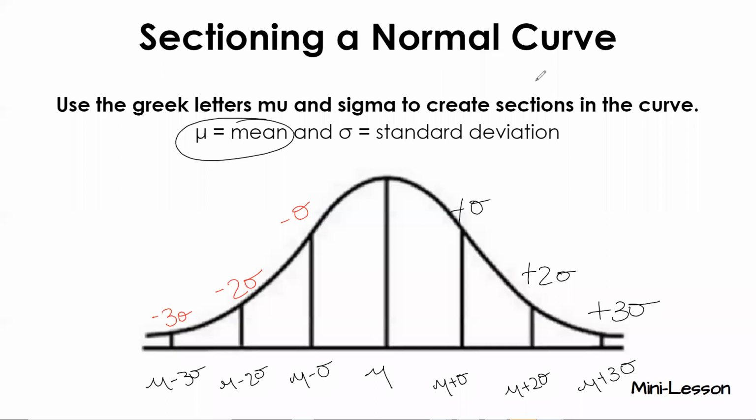Okay, so let me throw you some more information. You got mean right here, right? 34% of your data is going to fall within one standard deviation away. On the other side, 34% of your data is going to fall into that standard deviation. The next section, we're going to have 13.5% of our data fall in this little range.